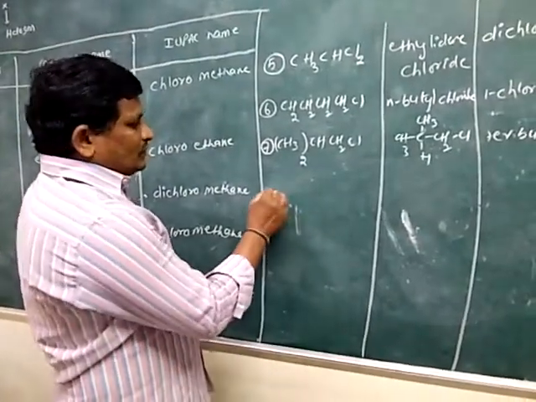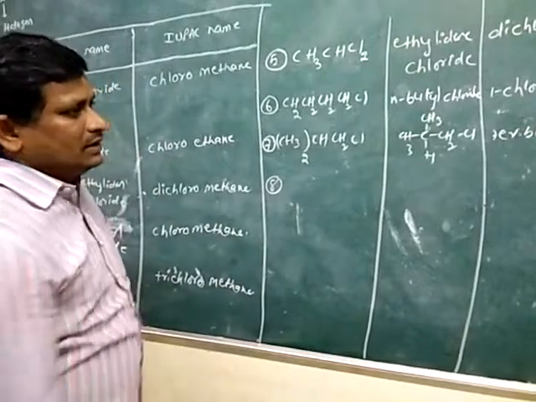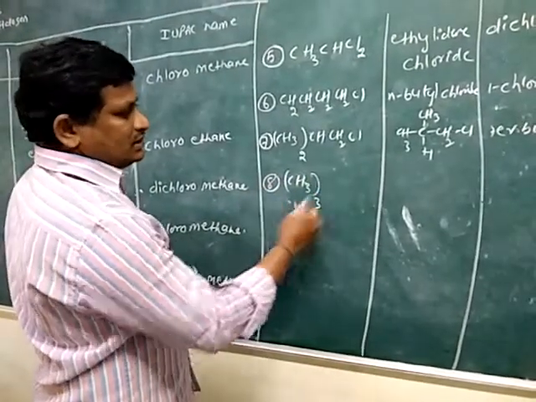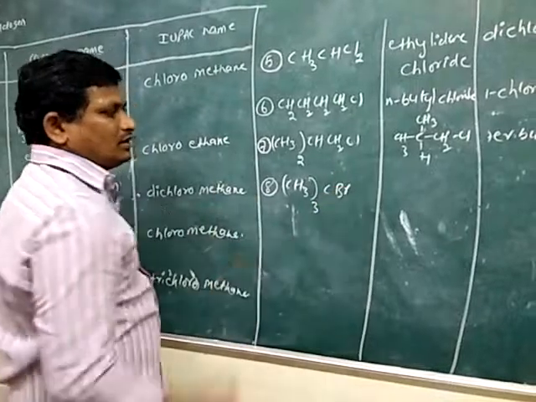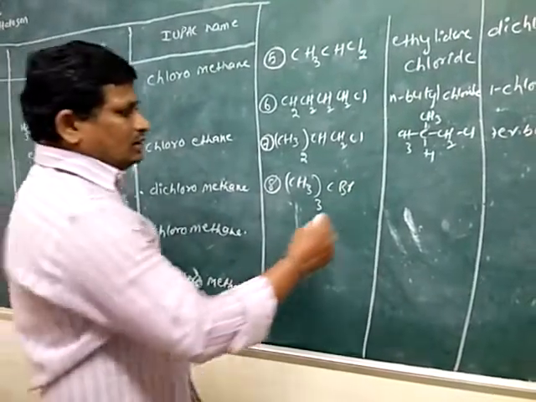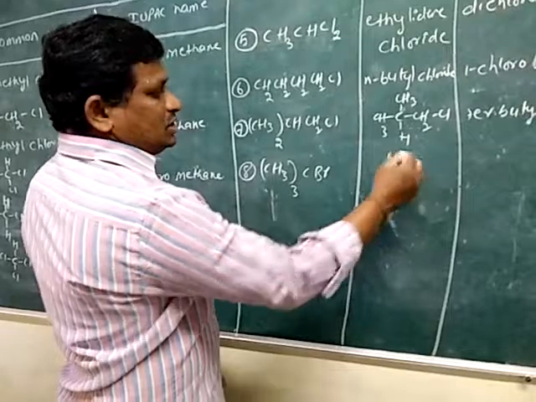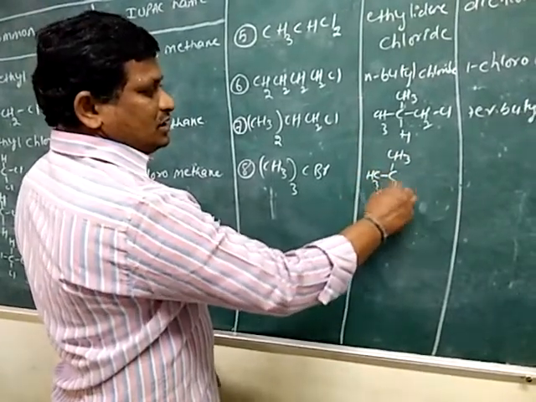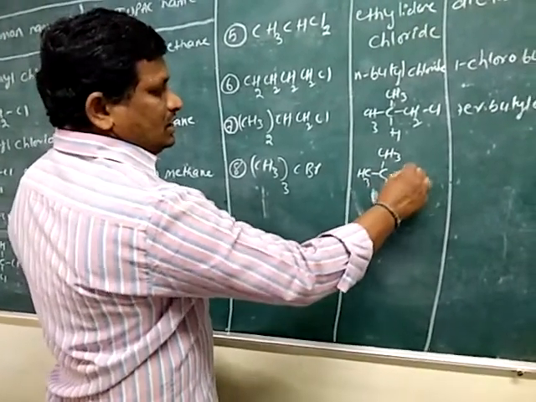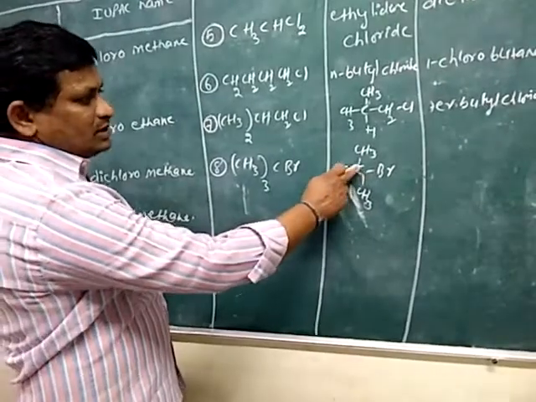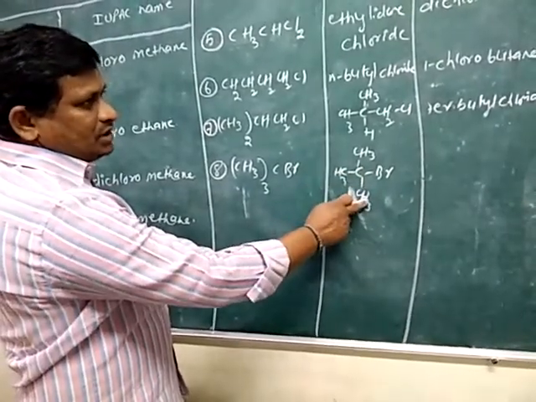Then the eighth one is (CH3)3CBr. So it is C with CH3, CH3, CH3 and Br. This carbon is primary, secondary, tertiary.